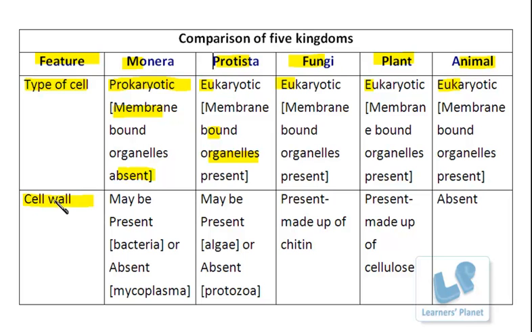Further, cell wall. Cell wall may be present in Monera or it may be absent. Most of the bacteria, I must say all bacteria, come in this particular category, and almost all of these bacteria have a cell wall. But there is one small group in Monera itself in which the cell wall is absent, and that group is known as the mycoplasma.